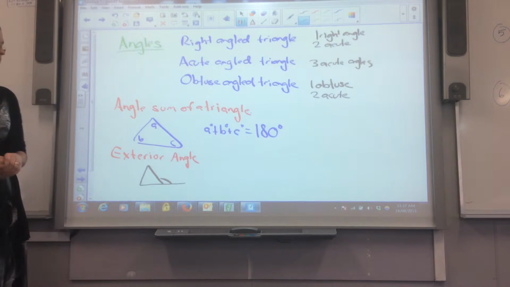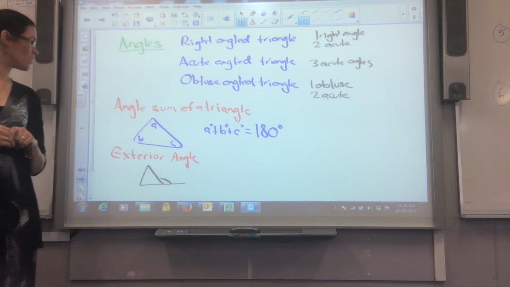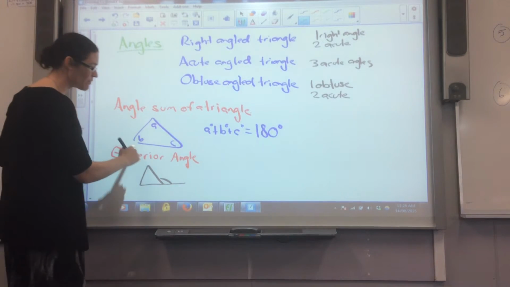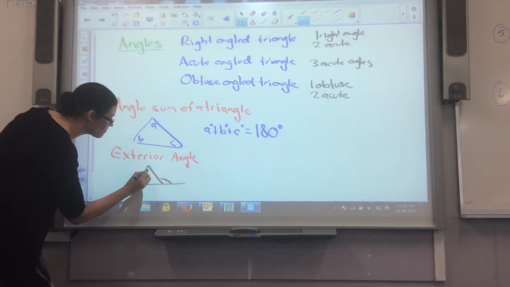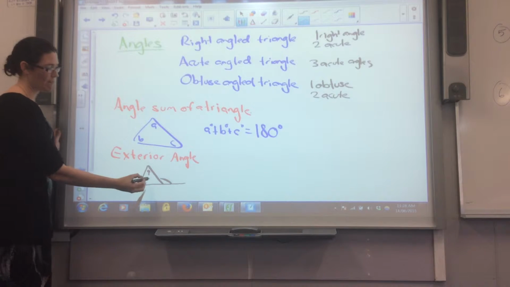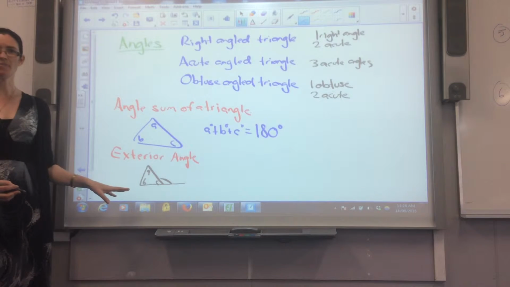Remember seeing anything about the exterior angle last year? It adds to 180. Not quite. Supplementary. Okay, let's have a little bit of think about this one. Let's call these ones A and B, and this is C. Now I know A, B and C add up to 180.